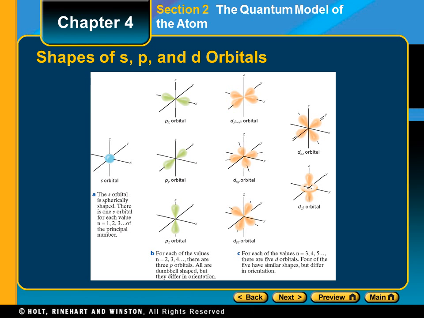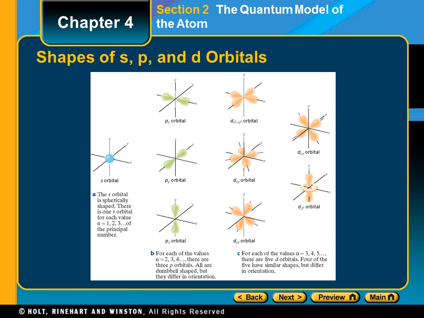This diagram shows you the different orbitals, okay? The orbitals we specifically talk about are s, p, and d. There's also f. s is the round orbital. There's only one s orbital for each energy level. So energy level 1 has one s orbital. Energy level 2 has one s orbital.